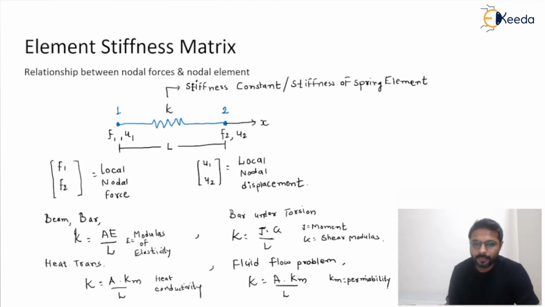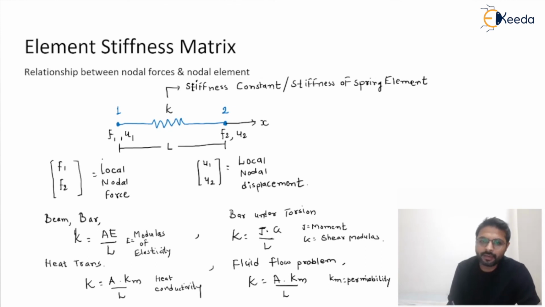So for different types of problems, the same phenomena can be applied, but the meaning and the property will change, like the property of the material will be taken differently. So here is how you can find the relation between the nodal forces and nodal displacements.